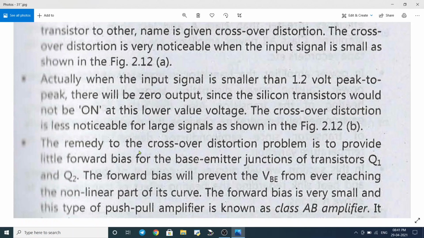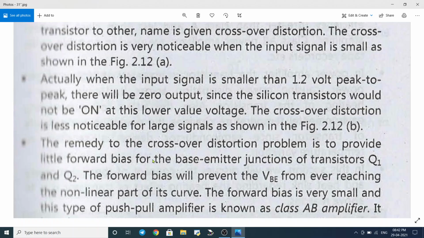Remember, this is a very important sentence. The remedy to the crossover distortion is to provide a little forward bias on base emitter junction of transistor Q1 and Q2.